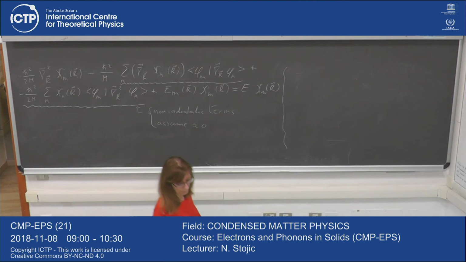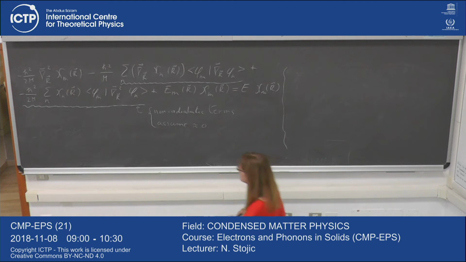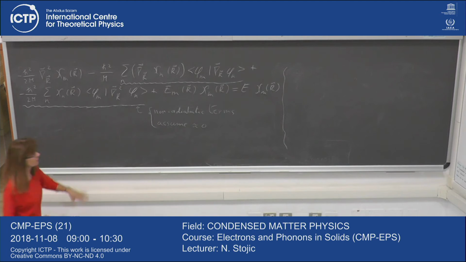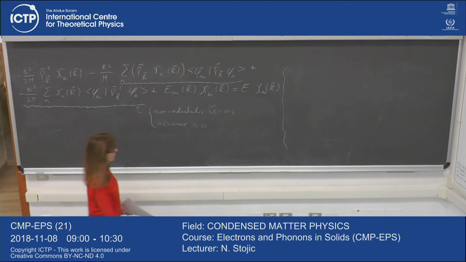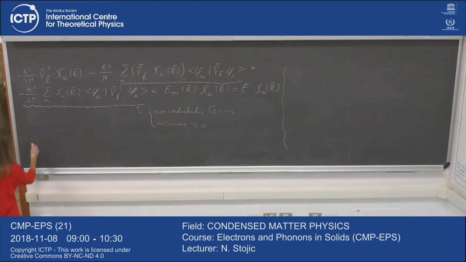There are reasons for that. But for the moment, assume these terms, which are the non-adiabatic terms, are close to zero. And in that case, the equation simplifies drastically.